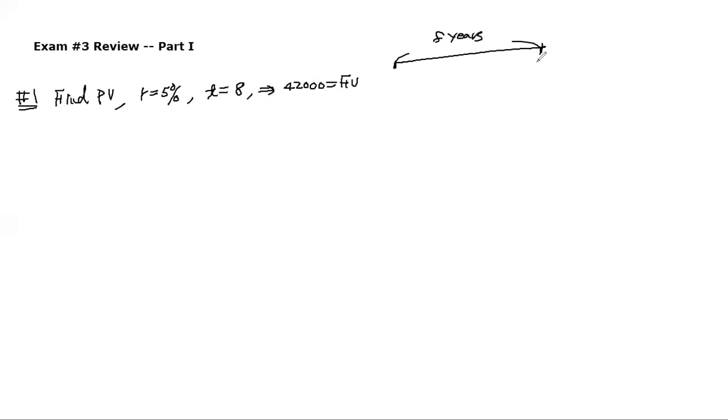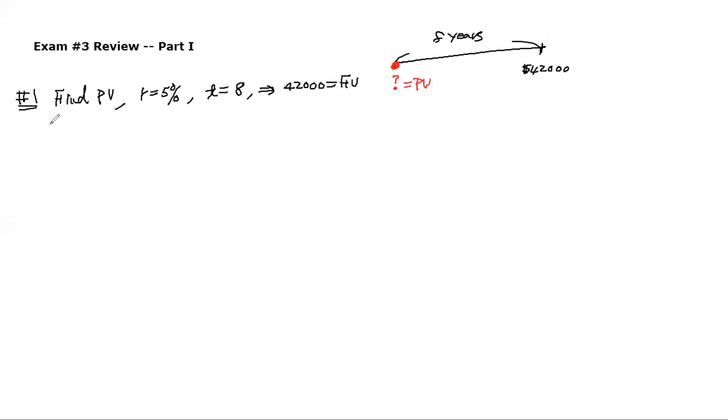And then at here, at the end of 8 years, you want to get 42,000 when you withdraw. So that's why the problem asks you how much you need to deposit here. Okay, so this is what we call your present value.